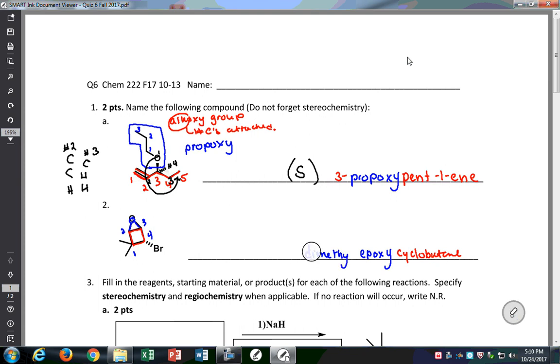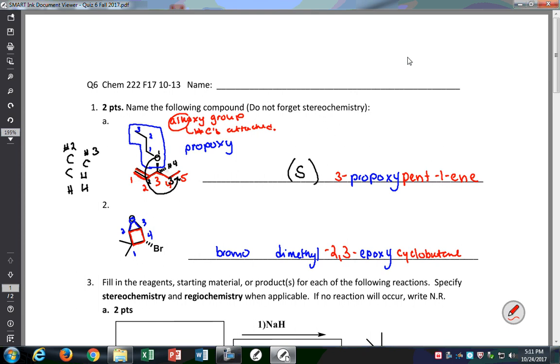So we have a dimethyl, and a bromo. Our epoxy is 2, 3. Now, unlike double bonds, we do put locant numbers for both carbons that the epoxide is part of.